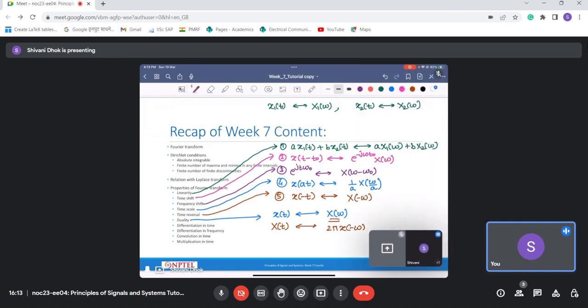This is an important property which many times simplifies the situation for us.